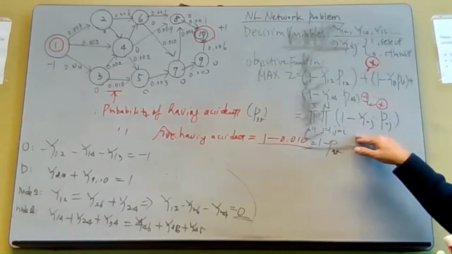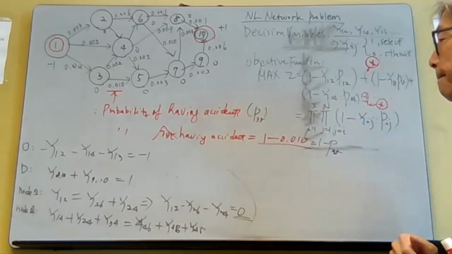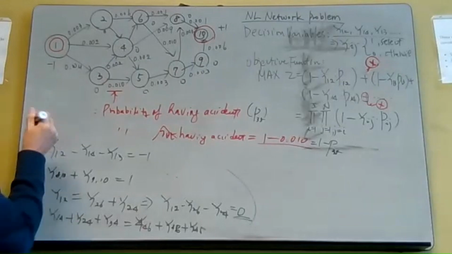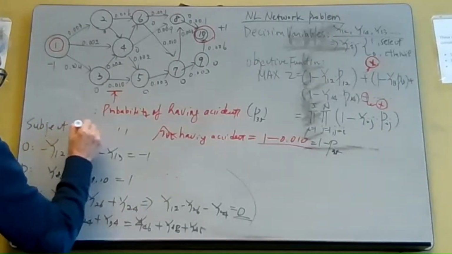So this is a simplified formula of the objective function. Then this objective function is subject to these constraints.